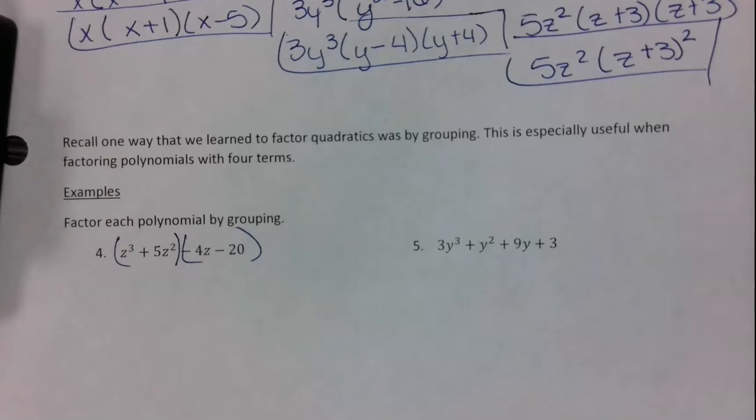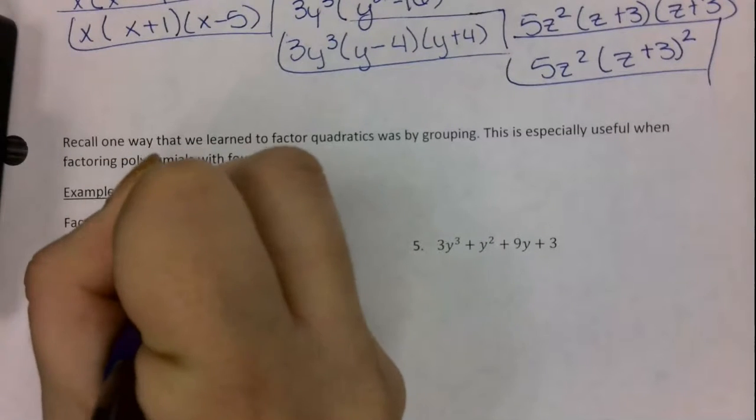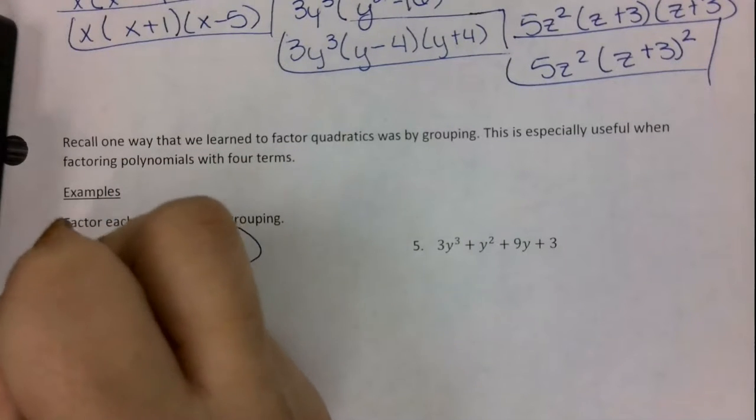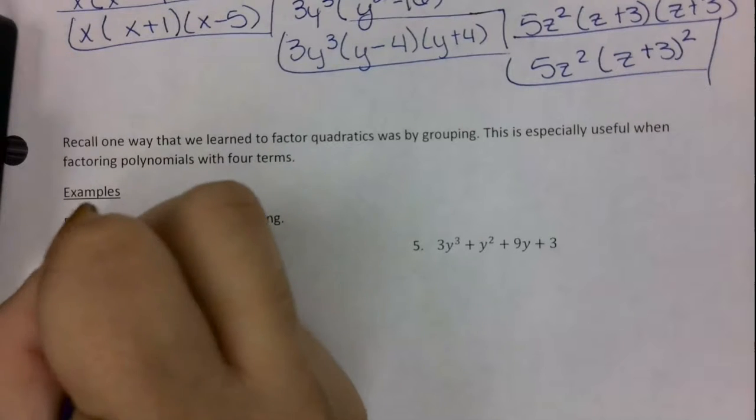What does the first set have in common? Z squared. So what do I get in the first set when I divide? Z plus 5.